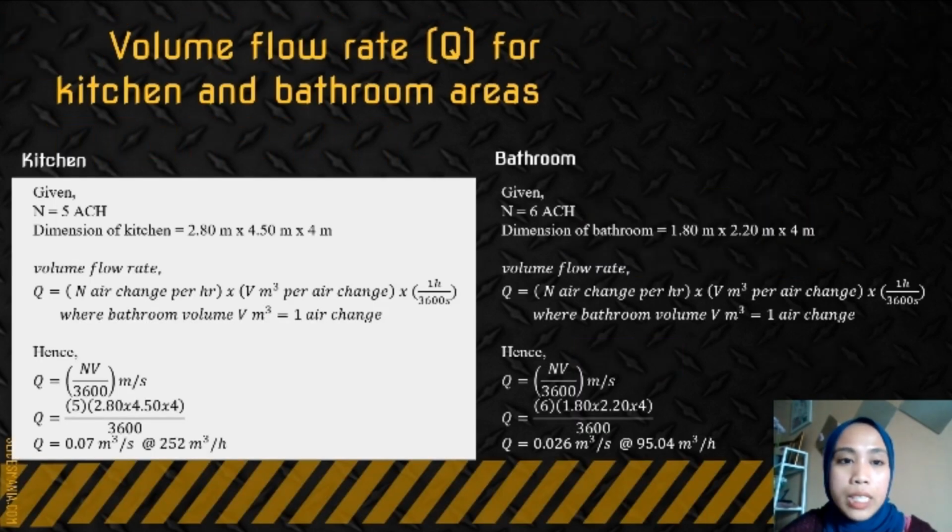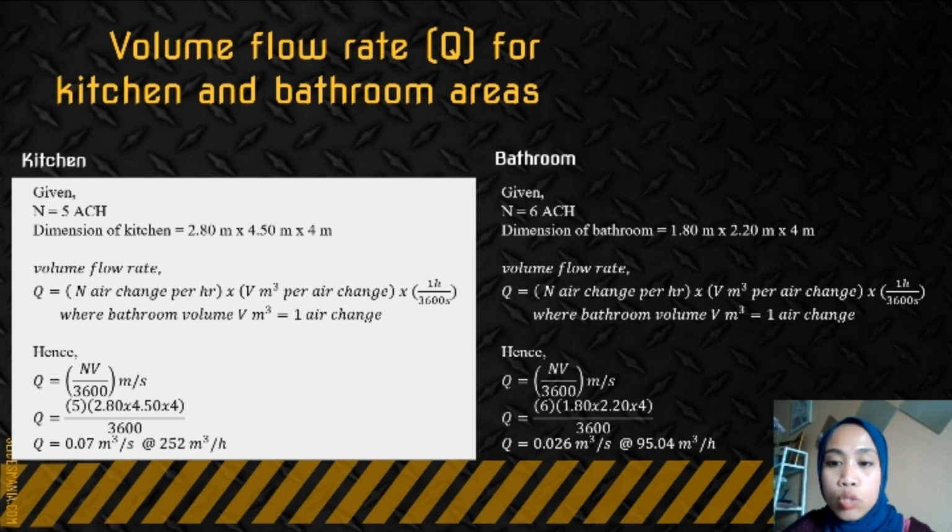What we need to do first is calculate the volume flow rate for our kitchen and bathroom areas, because we want to suggest one ventilation system which can adhere to the minimum requirement of each area. The given air change rate for the kitchen is 5 air changes per hour, and for the bathroom is 6 air changes per hour. The dimensions are 2.8 times 4.5 times 4 meter for the kitchen, and 1.8 times 2.2 times 4 meter for the bathroom.